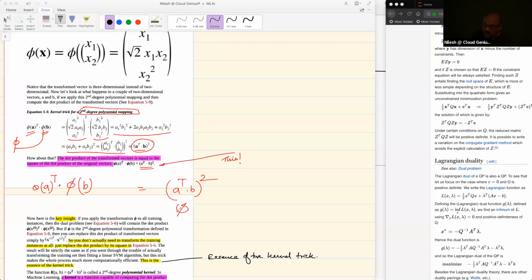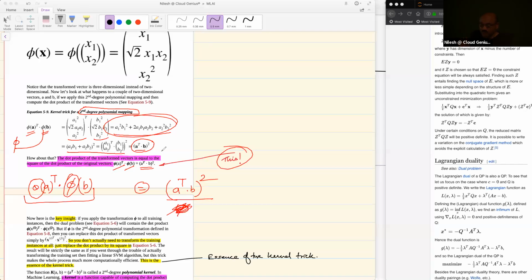That's the gist of the kernel trick: you don't have to worry about the complex math, because you can establish from a mathematical derivation perspective that this is equal to this with no mention of phi at all. That's the trick. The essence of the trick is right there: this times this equals (A transpose B) squared.